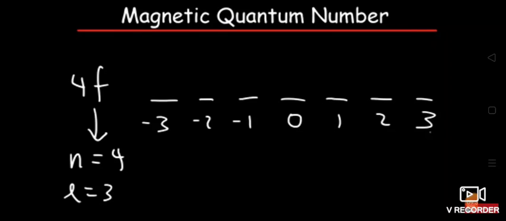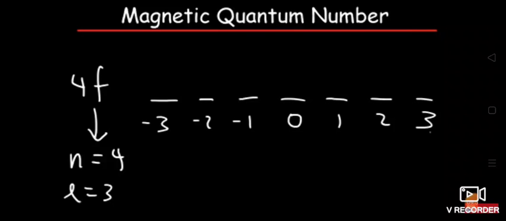how many are there? If N is equal to 4, we know that it is F. That means the fourth energy level. What sub-levels does the fourth energy level contain? S, P, D, F. So here we have taken 4F. What does N mean?